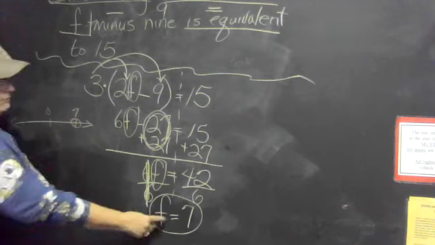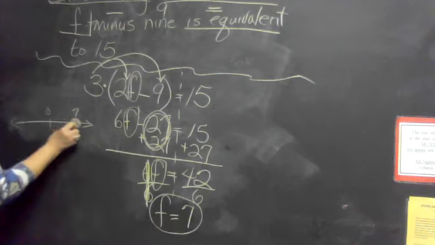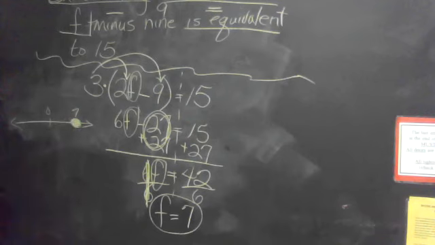And it says F is equal to 7. That's the graph. If it's equal to it, just color in that dot.